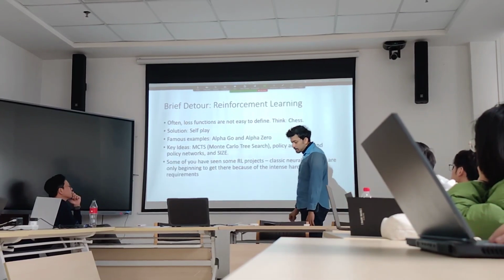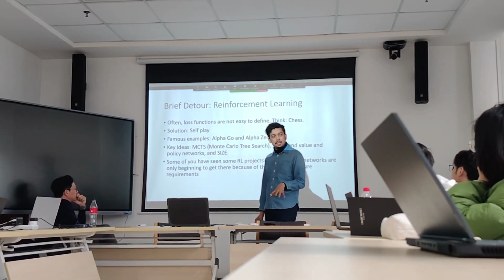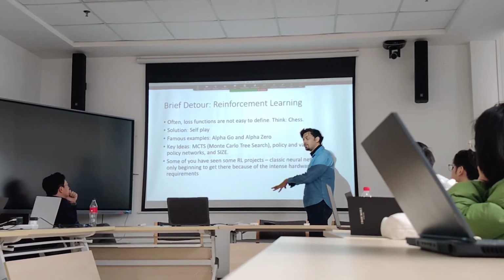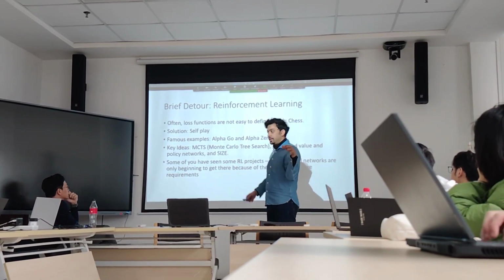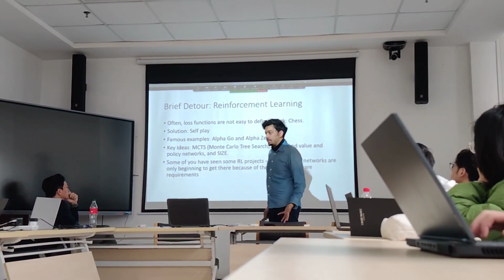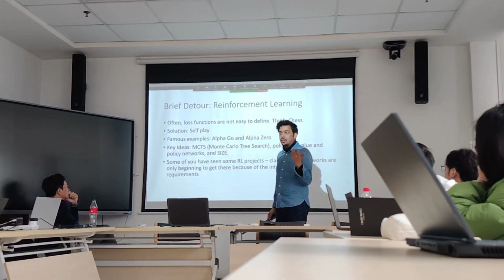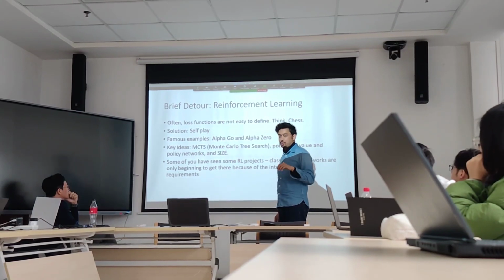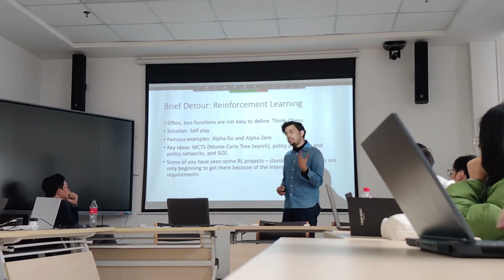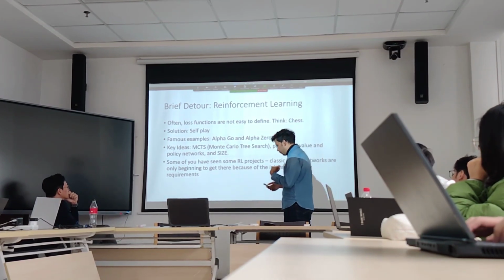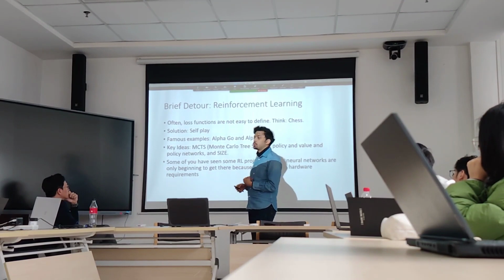Okay, it's a very brief detour, and the only reason I make this detour is because before LLMs were a thing, most people thought the profound achievement in AI was something like AlphaGo or AlphaZero, right? That was sort of the last time we heard of AI killing a giant, so to speak. Okay, so that's a little bit different from this. Do you remember that when I was describing how we would use neural networks today, I was talking about supervised learning, right?